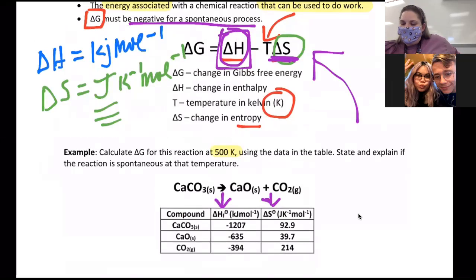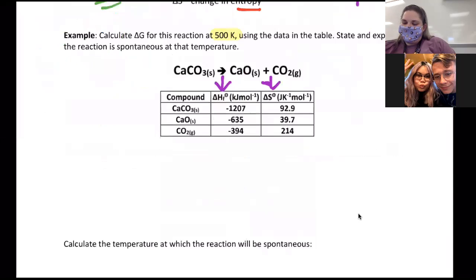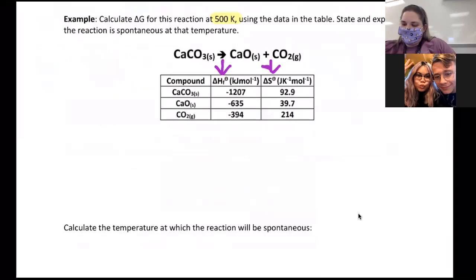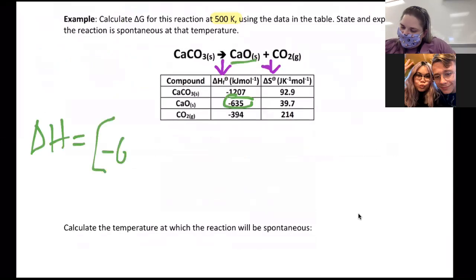So what I have to do is solve for delta H and solve for delta S, and then I plug both of those into this equation. If you can remember, when we solve for delta H, we always do products minus reactants, okay? So for delta H, my products are CaO, which is negative 635, and then I'm going to add my other product, carbon dioxide, so plus negative 394.